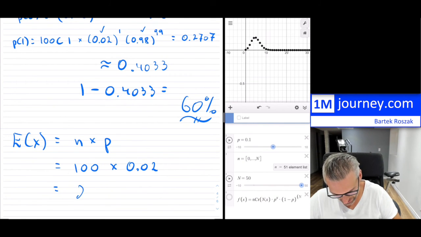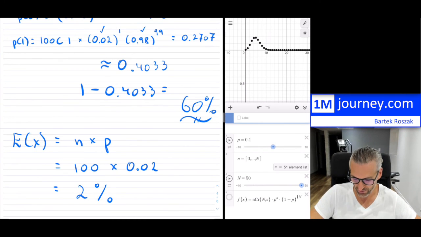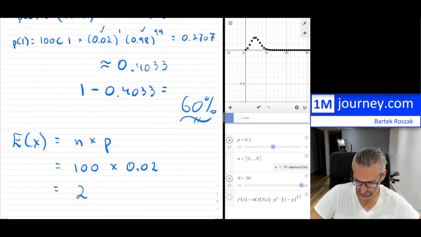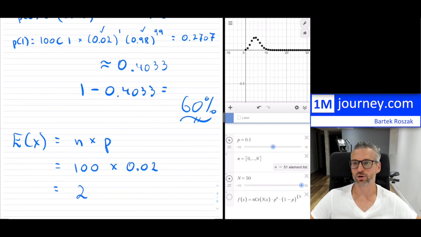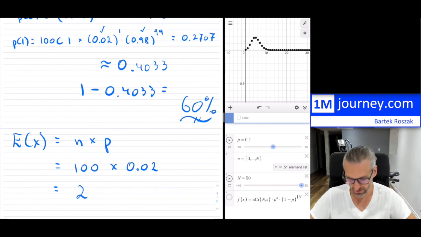If you multiply, it should not surprise you that the expected value is going to be 2. So the number of people should be 2 out of 100 people, the probability is 0.02. That should make sense to you.